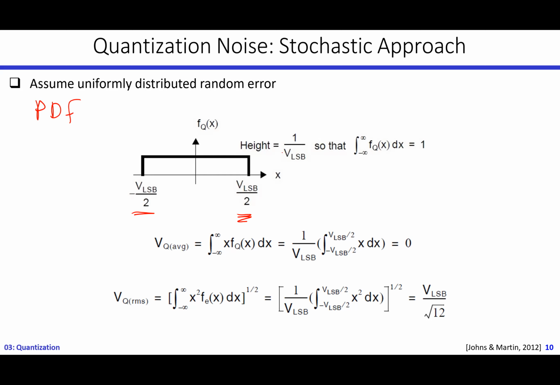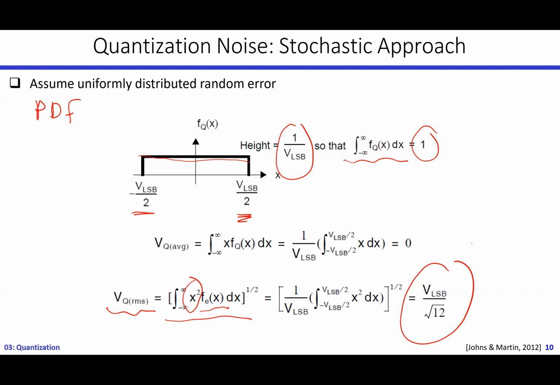This height is 1 over V LSB, because it is a property of the PDF that if you integrate it, you get 1, so it has to have the height of 1 over delta. To find the root mean square value here, you square the signal, multiply it with the PDF, integrate from minus infinity to infinity, and then find the square root. Again, you do the math and you end up with the same value that we got earlier.